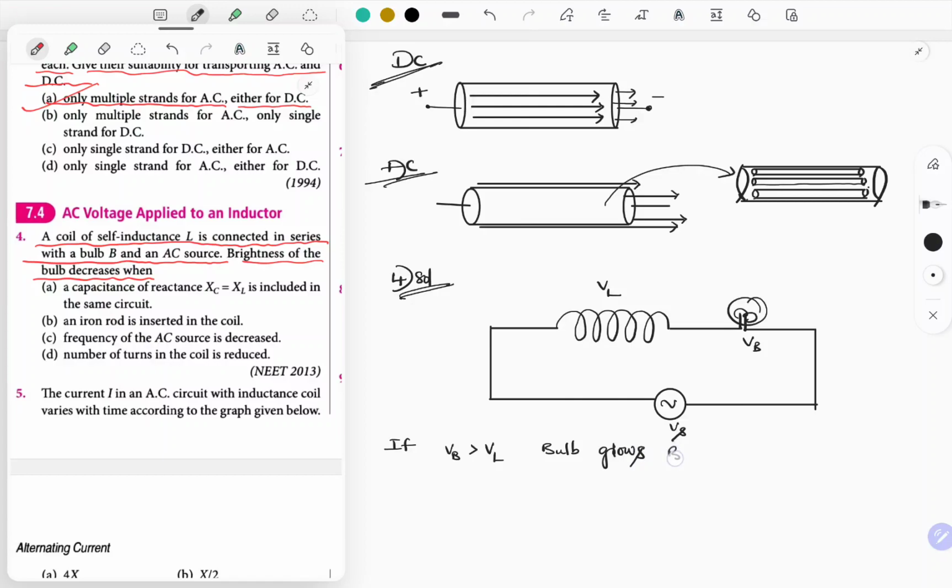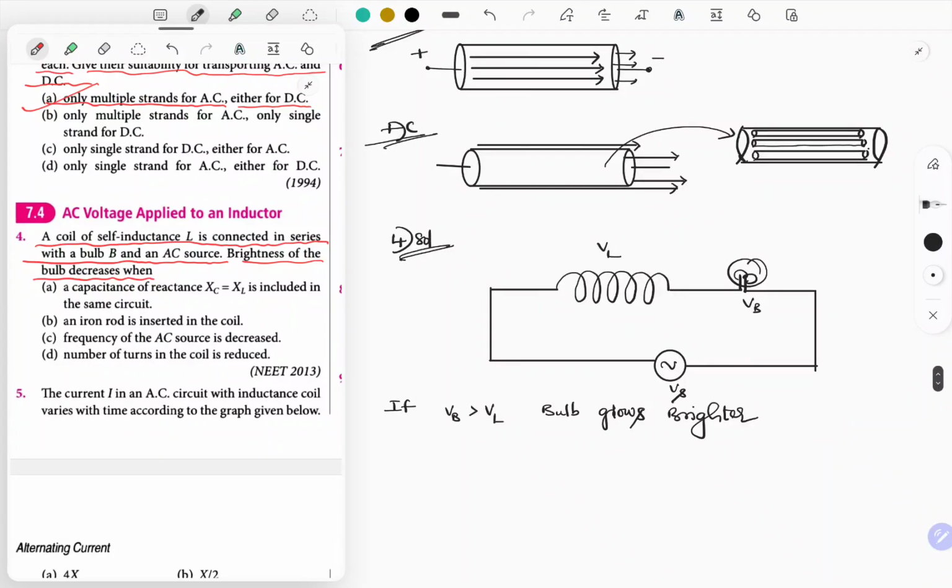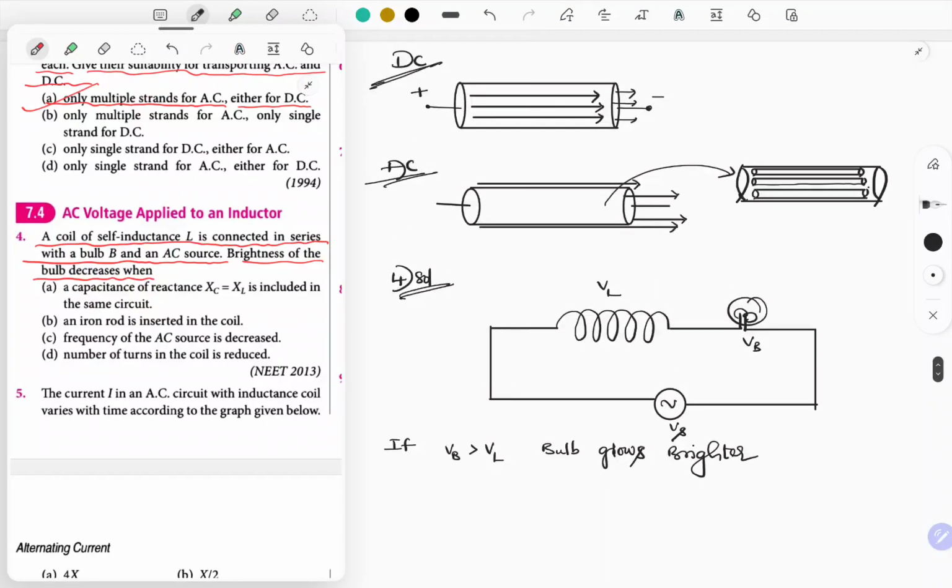Now what should I do? I have to decrease voltage across the bulb. How can I decrease voltage across the bulb? By increasing voltage across the inductor. How can I increase voltage across the inductor?